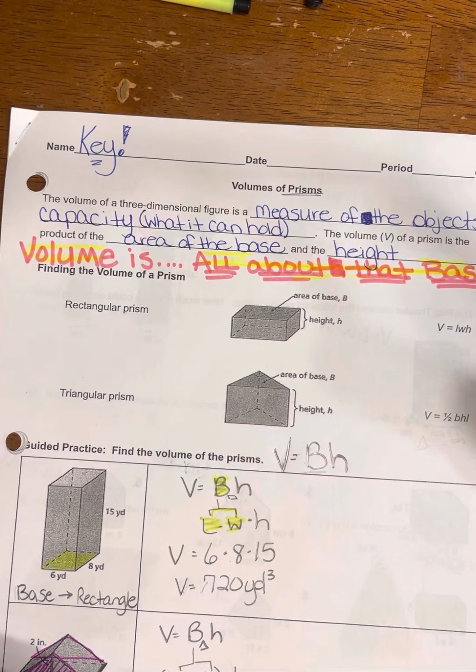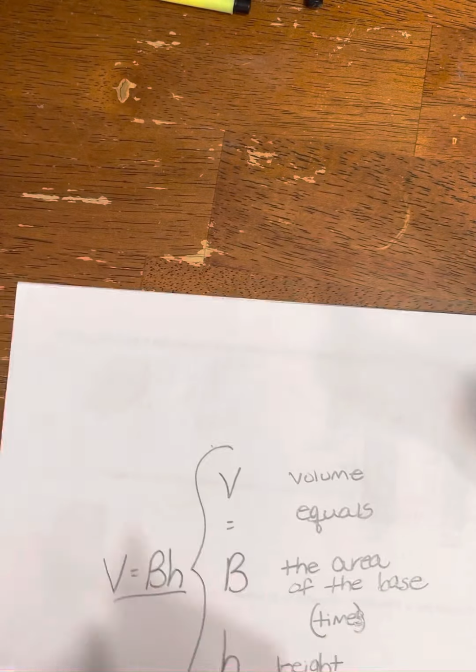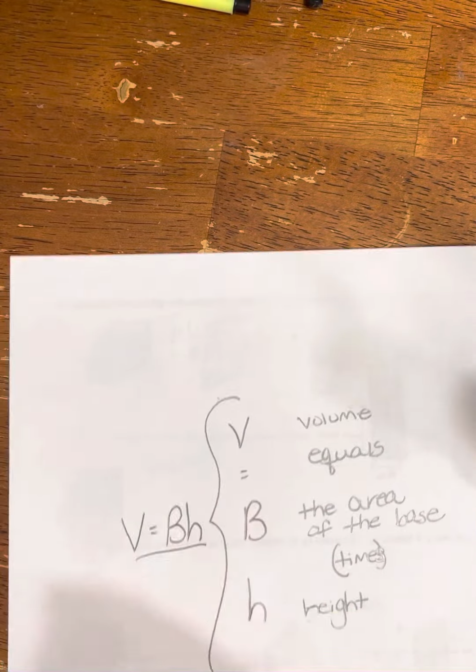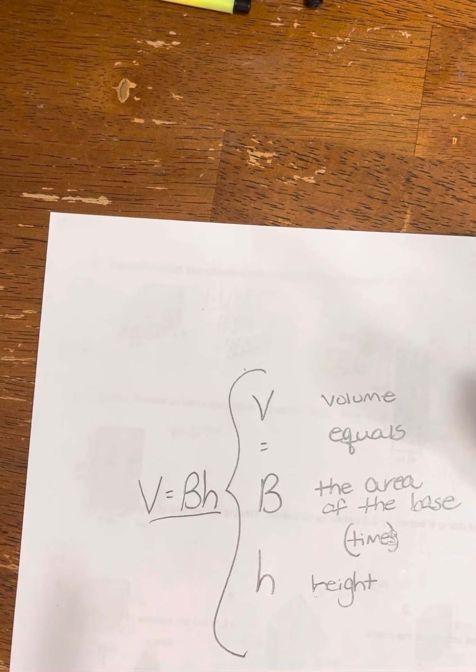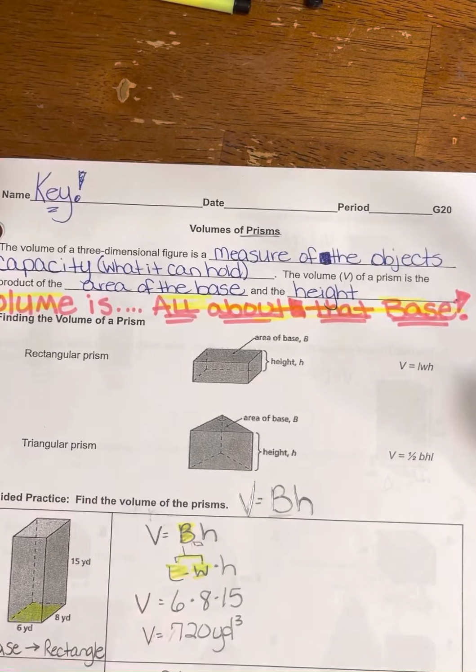If in any of the videos that I put in there, they get into volume of cylinders, you can watch it, take notes. We are only doing volume of triangular prisms and rectangular prisms. So anything other than that, you don't have to watch. But there are some good other explanations on some of the videos that I have. So I want to give you a little extra reinforcement there.